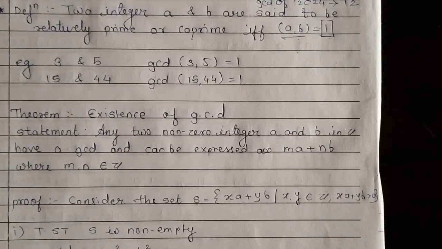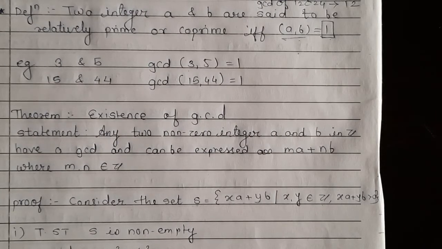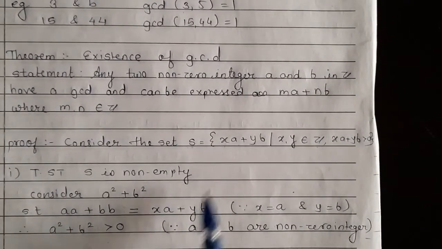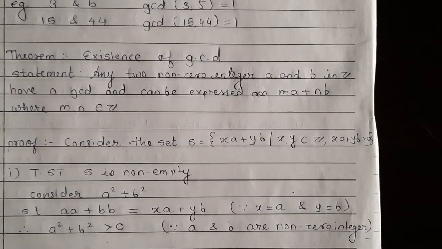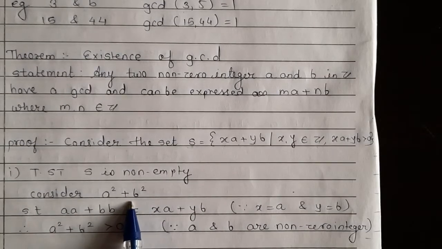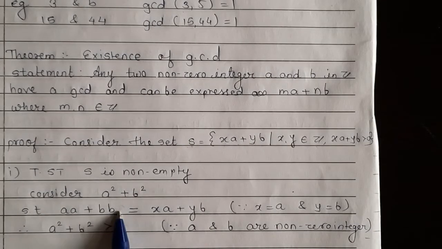So let's see step 1. In step 1, what I said, we first prove S is non-empty. So here we write: to show that S is a non-empty set, we consider the elements a and b. We take the squares of these two numbers and add them. So how will we write this? a into a plus b into b.